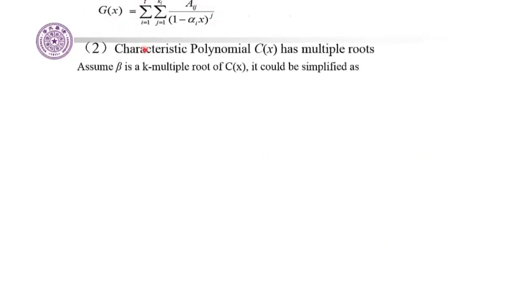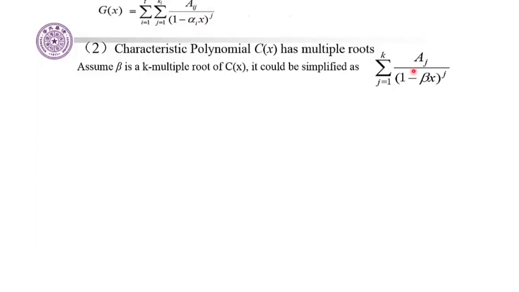For characteristic polynomial cx, if it has multiple roots, like x minus 2 to the square in the previous case, assume that beta is a root of cx with multiplicity of k. Now we simplify gx further, and it could be written as a 1 minus beta x to the kth power. It could be added from first power to the kth power, and we have undetermined coefficients aj.